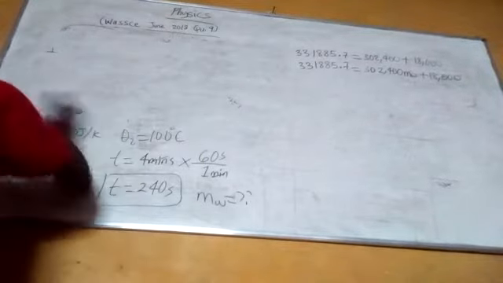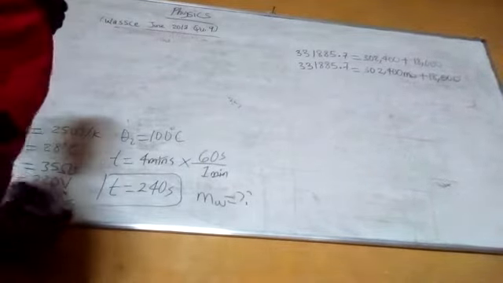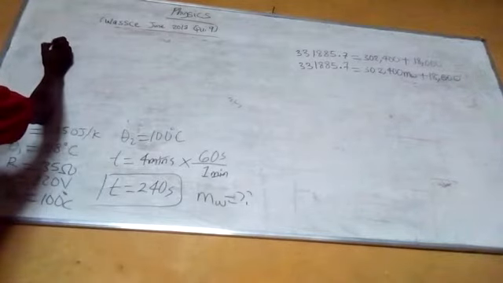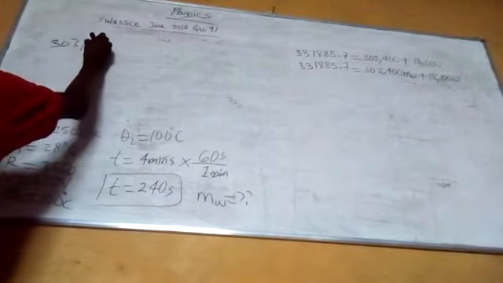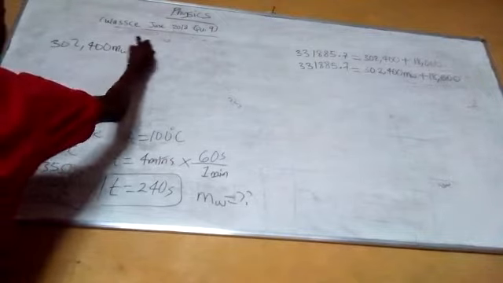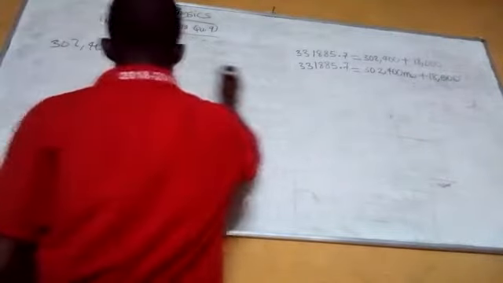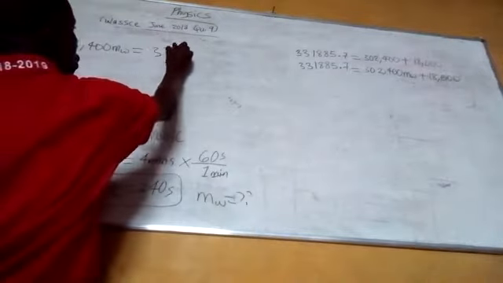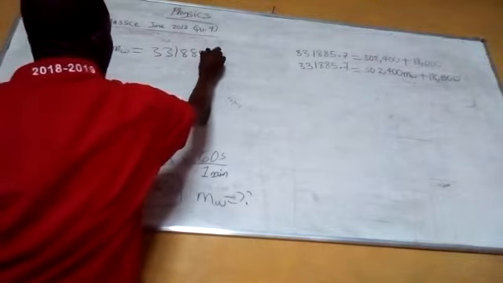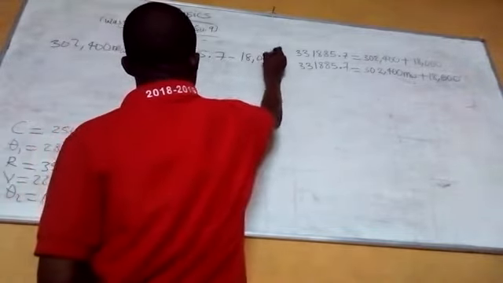So here we have 302,400 MW equal to 331,885.7 minus 18,000.